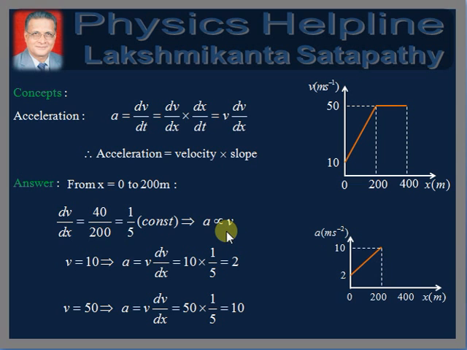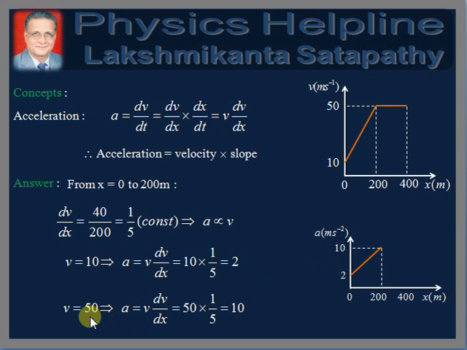So we will find the corresponding acceleration corresponding to the velocities of 10 meters per second and 50 meters per second. So when v is equal to 10, we will use the same equation a is equal to v into dv by dx. So a will be equal to 10 into 1 by 5, which is equal to 2 meters per second square, which is marked in the figure here.